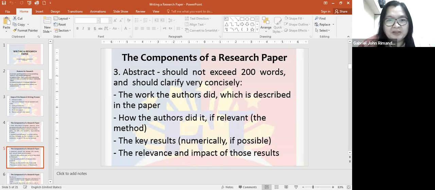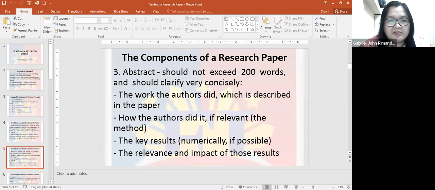What are the elements that you have to remember in creating your abstract? First, what you did, which you describe in the paper, and then how you did it. So what methods, or how did you go about the research, and then the key results, numerically if possible. In your research paper, you add percentages and explain using textual explanations, but in the abstract, you just state it as is.